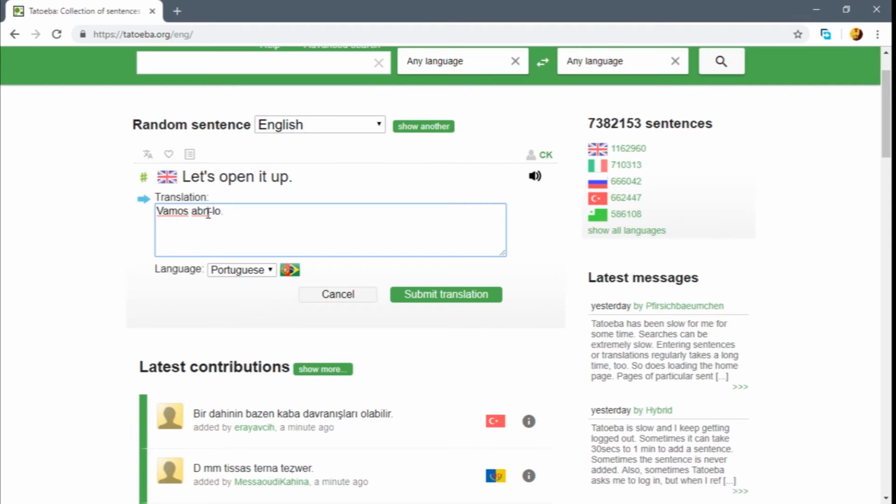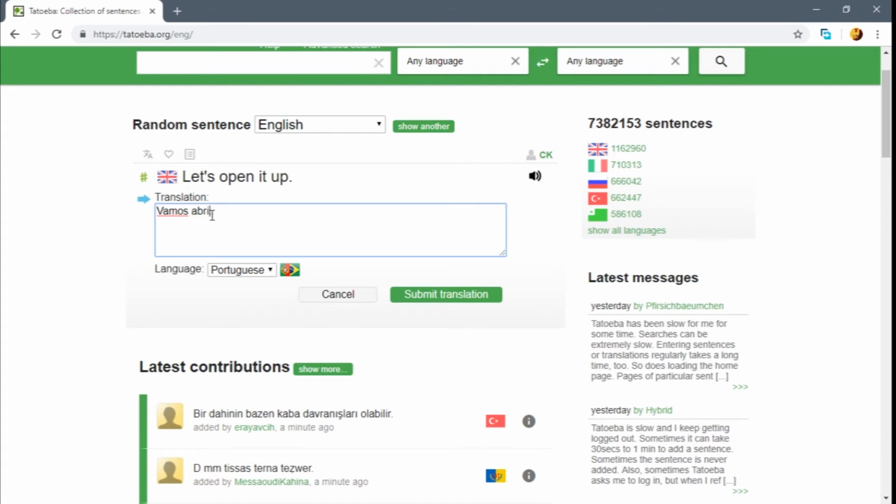Portuguese is not my, which is the word? I forgot the expression. Not my forte. I don't know. Abri-lo, I don't know if there's an R here. Is there an R here?